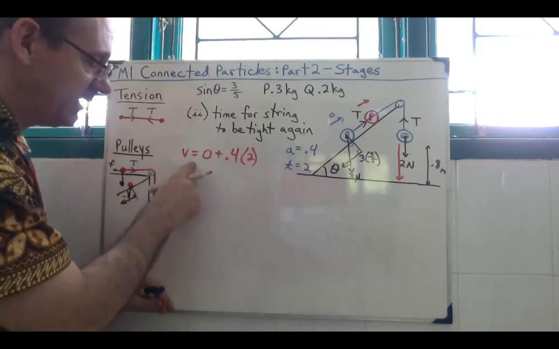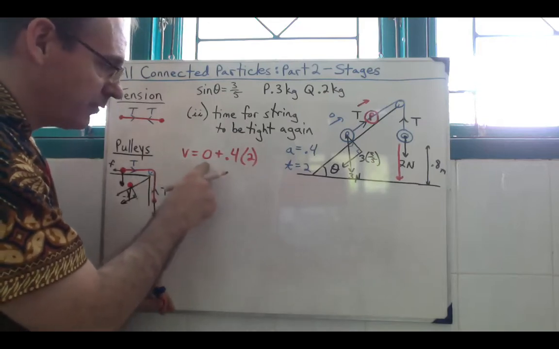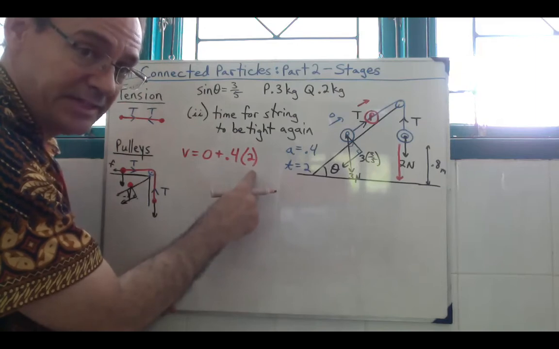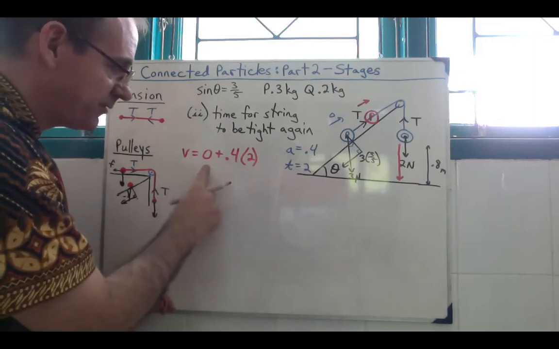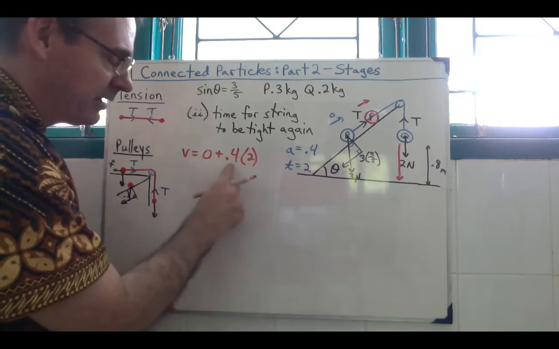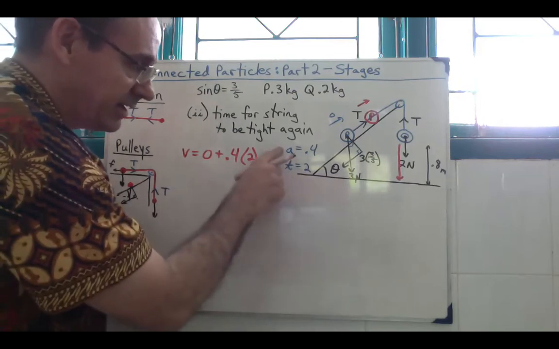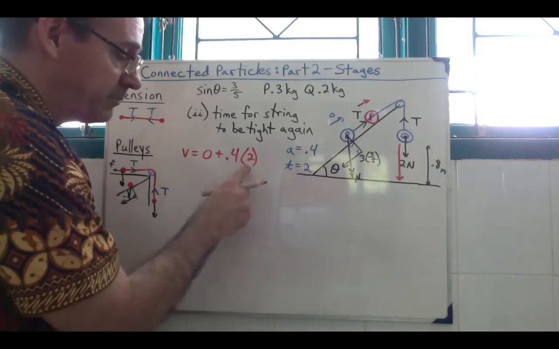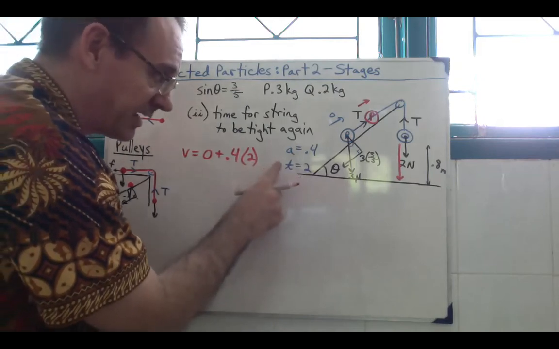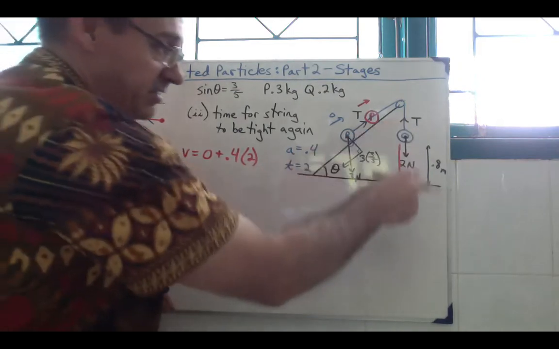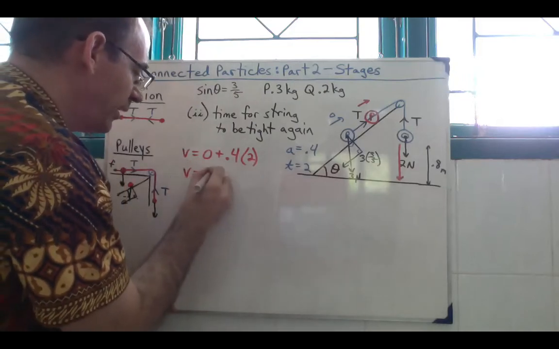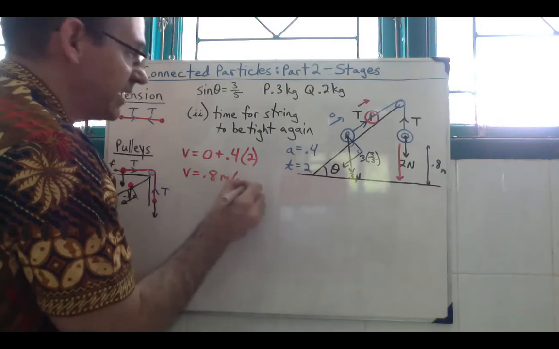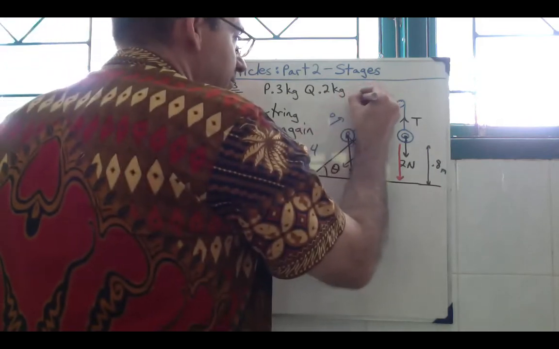So V equals U plus AT is what this formula is. Final velocity equals initial velocity plus the acceleration, which we calculated in the first part, times time, which we calculated in the second part, that it takes to reach the 0.8. And so our velocity is 0.8 meters per second, and that's this one right here.